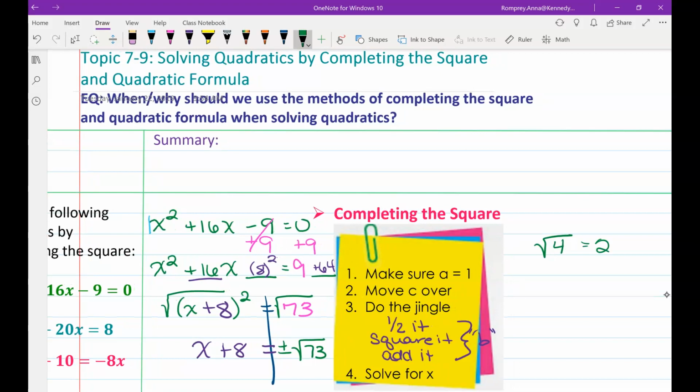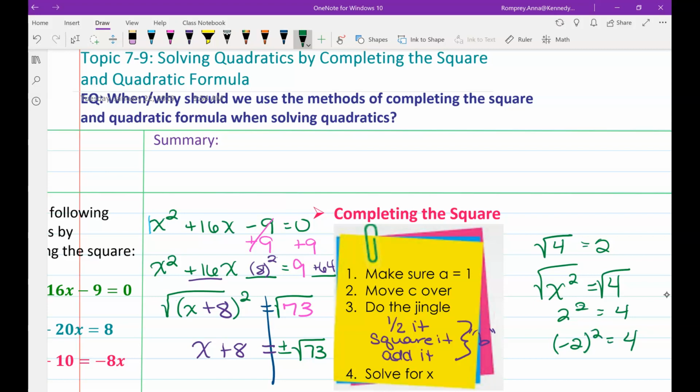However, this is really a variable. So if I said x squared equals 4 and I take the square root, what squared equals 4? Yeah, 2 squared equals 4, but what else squared equals 4? Negative 2 squared also equals 4. That's where we come up with those two solutions.